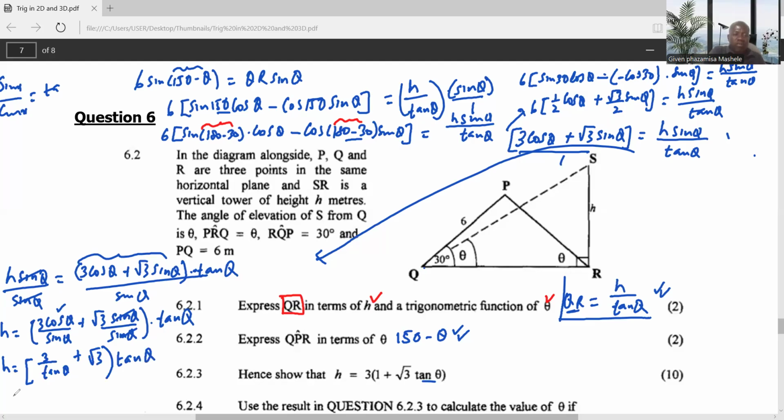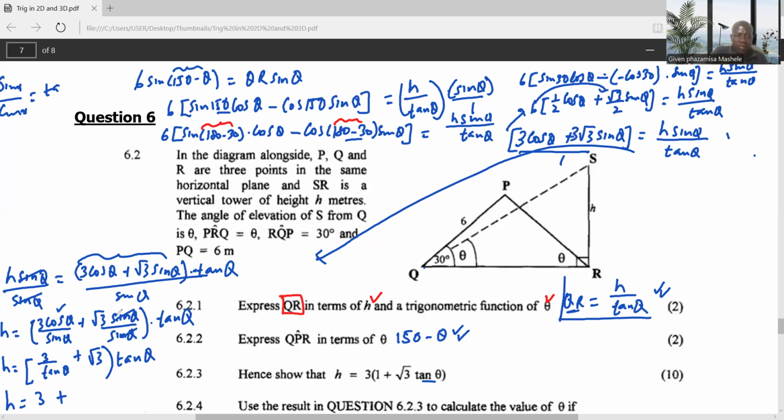Let's remove the brackets by multiplying everything by tan theta. 3 over 2 multiplied by tan theta. This will be 3 plus... I think I've missed something. Oh, okay. When we multiplied here by 6, it's supposed to say 3 root 3.